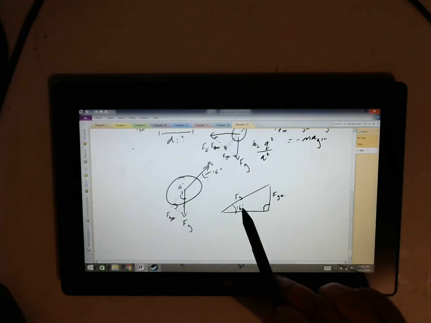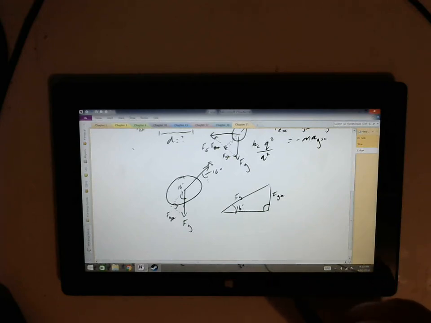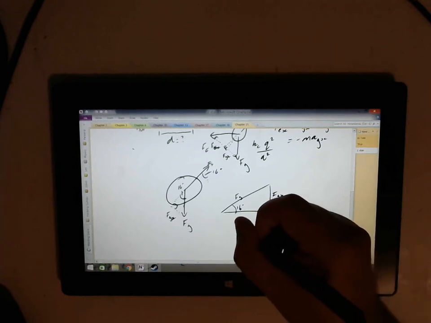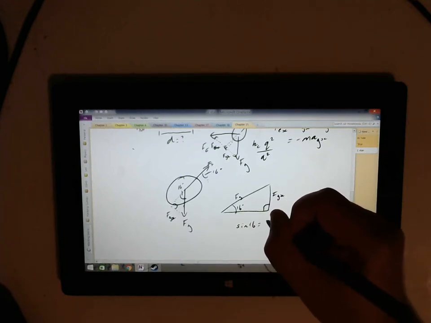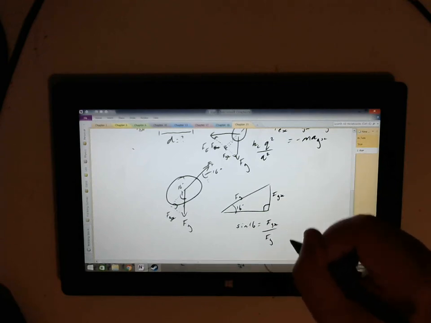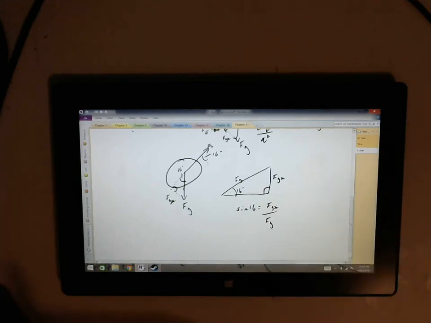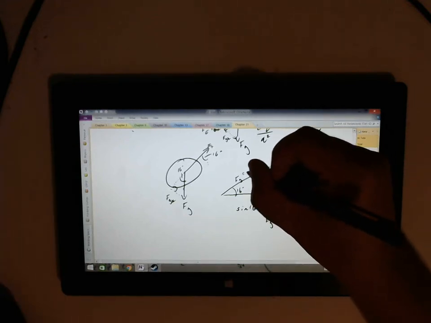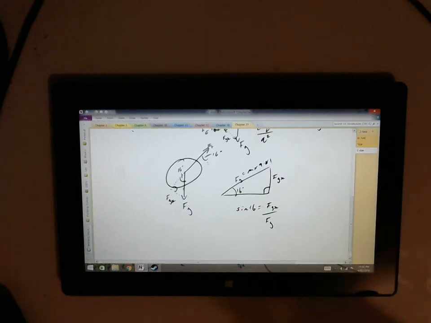We can see here we've got the opposite side to the angle, so we're going to use our sine ratio. So the sine of 16 equals our opposite over our adjacent, and Fg in this case is going to equal just mass times 9.81 because it's acting straight down.